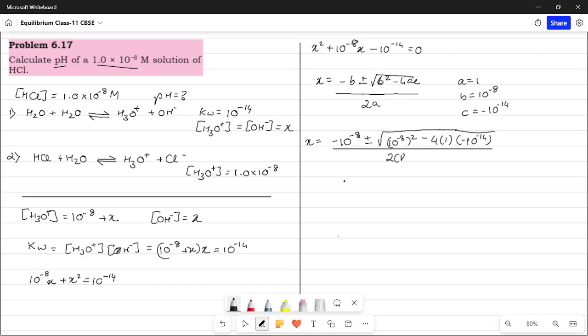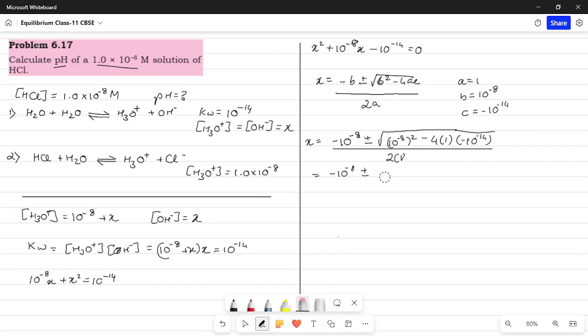So that is the first step. Then you have minus 10 to the power minus 8 plus or minus root over 10 to the power minus 8 square, which will give us 10 to the power minus 16. Minus into minus is plus, so just going to say plus 4 into 10 to the power minus 14.